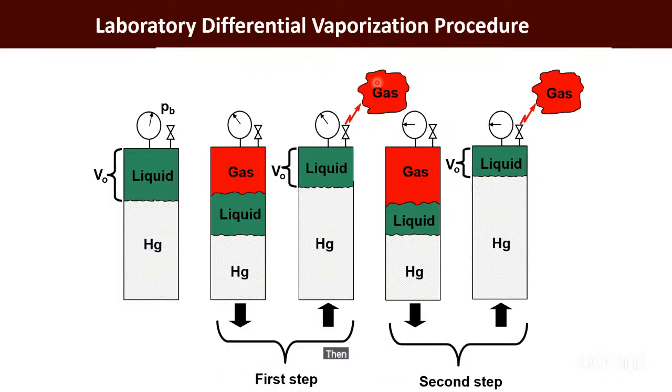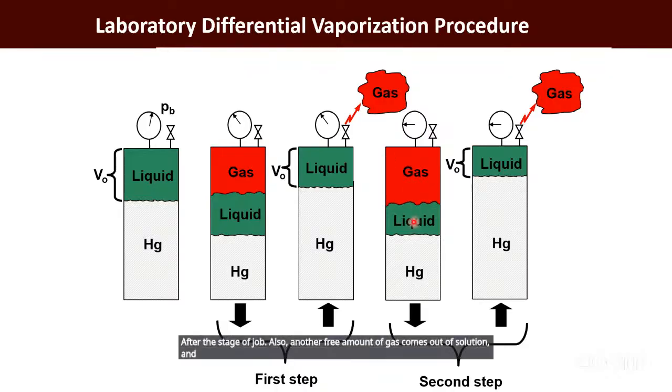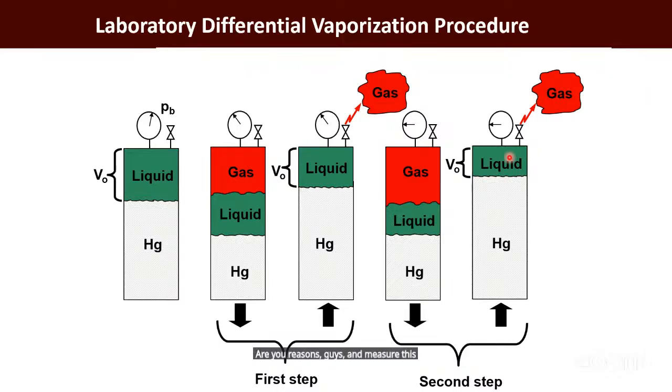Then I release this gas and take it to be analyzed, to get the composition of this gas and other factors. Then I have another stage of drop. After this stage, another amount of gas comes out of solution and the liquid volume reduces. So I release this gas and measure the liquid or oil volume.